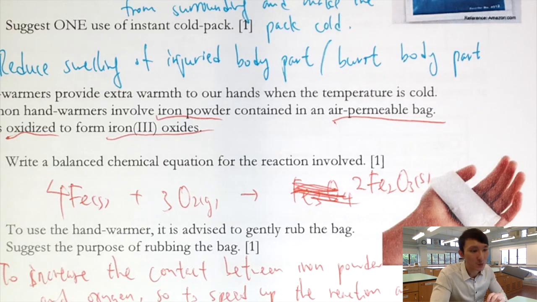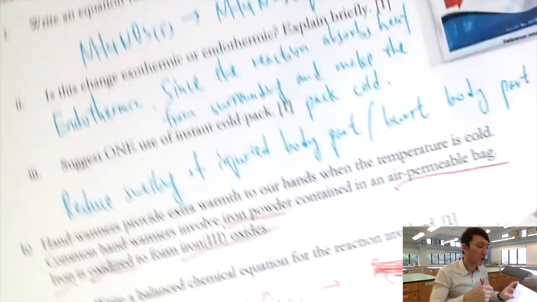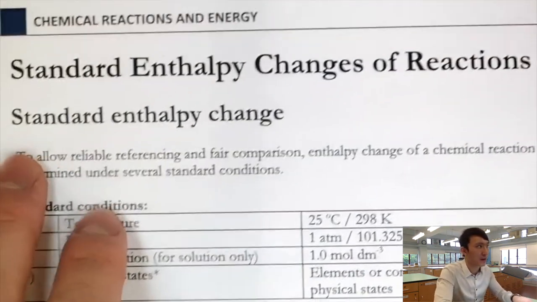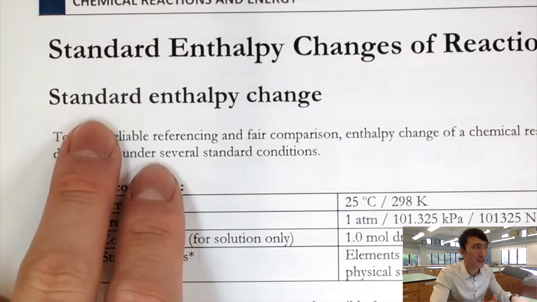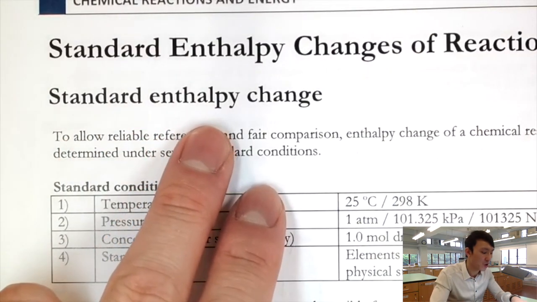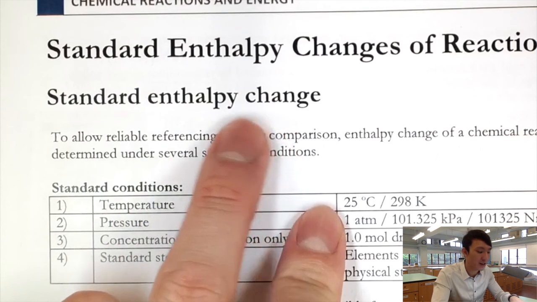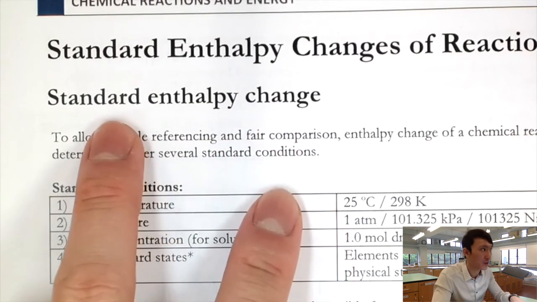So that's why when people are finding the energy change of a reaction, of a process, they have set up a list of standard conditions, standard requirements, which we have to follow. That's why in this topic we have something called standard enthalpy change. Enthalpy change is basically energy change, but you see the word standard here.